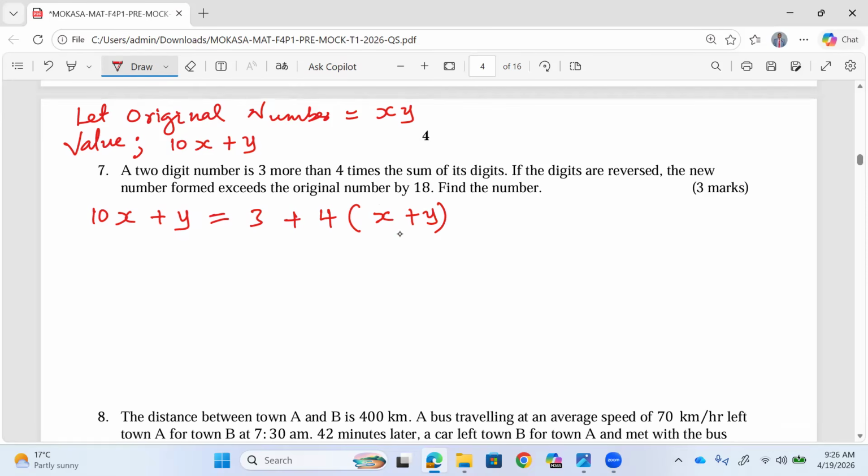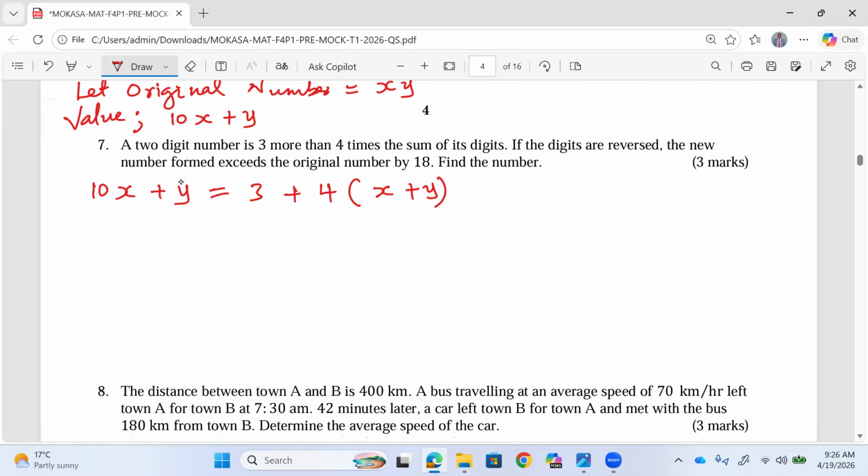That is the first interpretation I'm picking: the number is 3 more than 4 times the sum of digits, so the 3 should be added to the 4 times side because this part is now greater by 3.